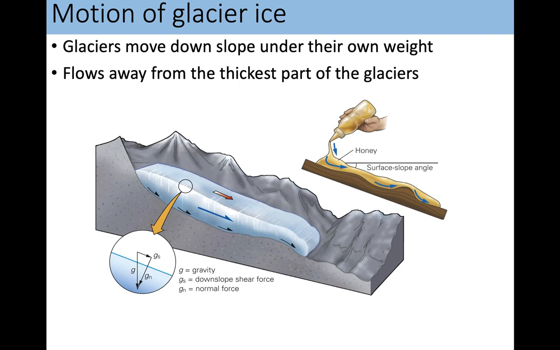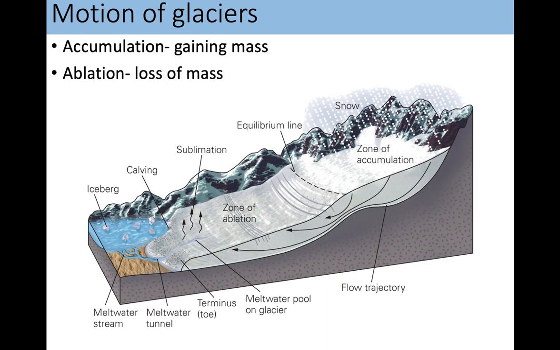So glacial ice is incredibly heavy, and it flows usually downhill because gravity is pulling that very, very heavy ice downward. So it flows very slowly, but it does actually flow. I have a video coming up to show you what I mean by flow.